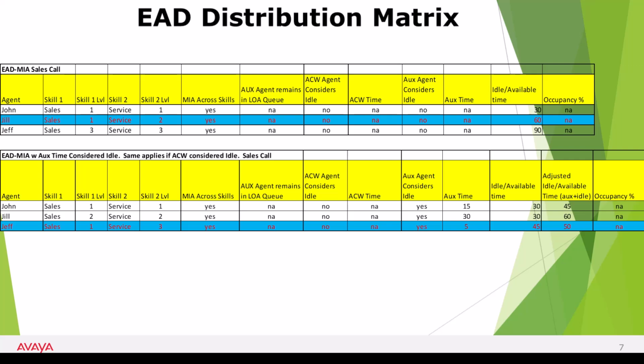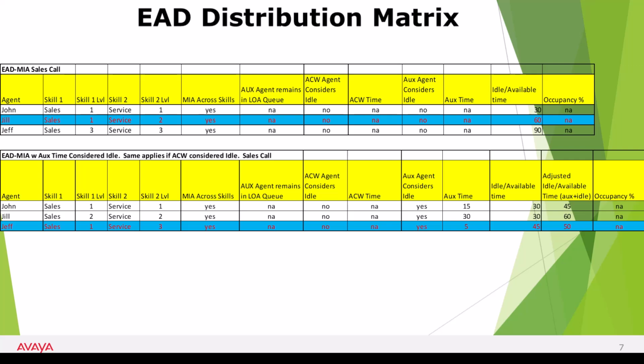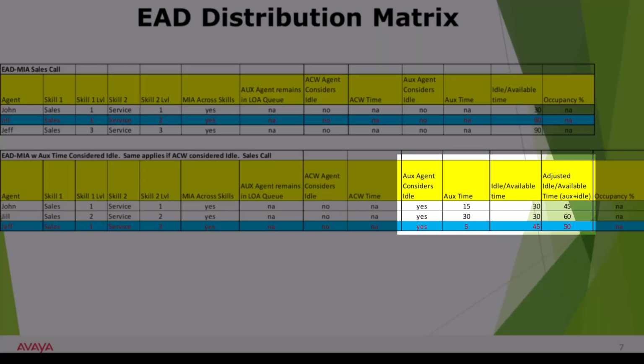The difference is I have to look at the actual levels first. So in this case, I'm really going to evaluate John and Jeff because they both have the sales skill at a level 1. Jill's out of the mix right now. So now I'm just going to evaluate those two, and I can see that Jeff's at 50 seconds and John is at 45. Remember, we're considering ox time as idle here. So Jeff gets this call.